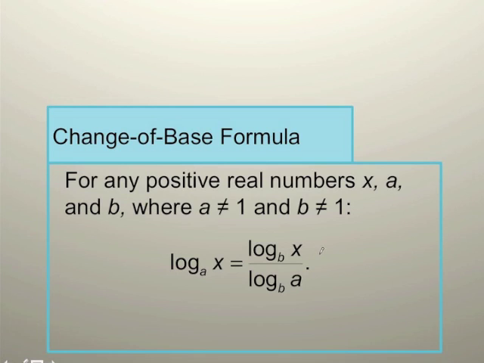We would have log of x divided by log of a, or we could use ln of x divided by ln of a. And then we can find an actual number for this exponent.